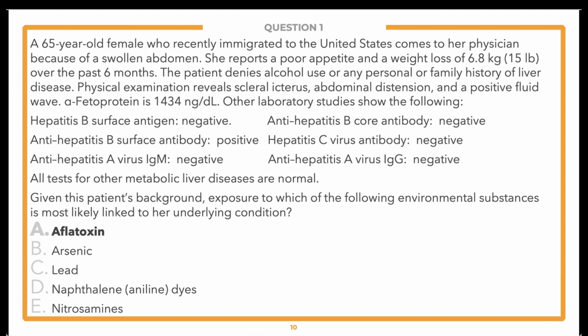So thinking about it in terms of the steps, this is a classic 2-step, right? You need to figure out the diagnosis, and you need to figure out what the risk factors are. So again, you've got a patient who presents with the distended abdomen, the poor appetite, the weight loss, scleral icterus, and a positive fluid wave.